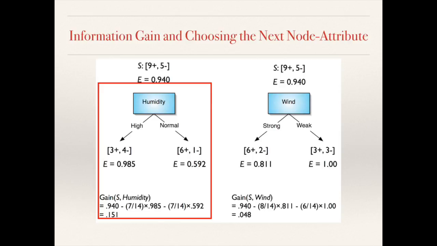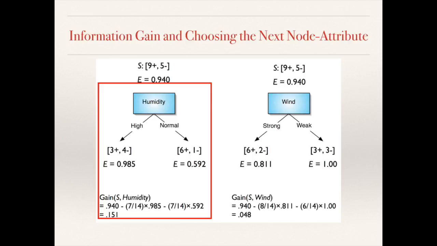On the other hand, if the humidity is normal, we will have another subtree that also has 7 examples. But now 6 of the examples are positive and 1 of the examples is negative. It has a smaller entropy, that is 0.592.